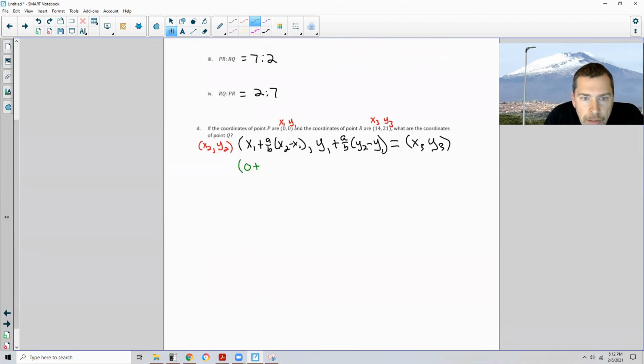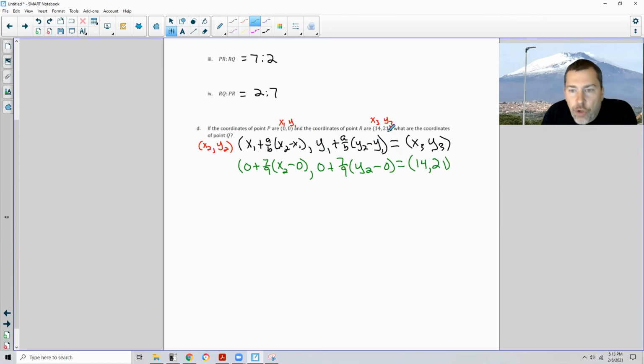So our a over b is going to be 7 over 9, and our x sub 2 we don't know, so I'll leave the 2 there, minus x sub 1, which is 0, and then comma y sub 1, which is 0, plus my ratio of 7/9 times y sub 2, which we are trying to find, minus y sub 1, which is 0, is going to equal x3, y3, which is 14, comma 21.